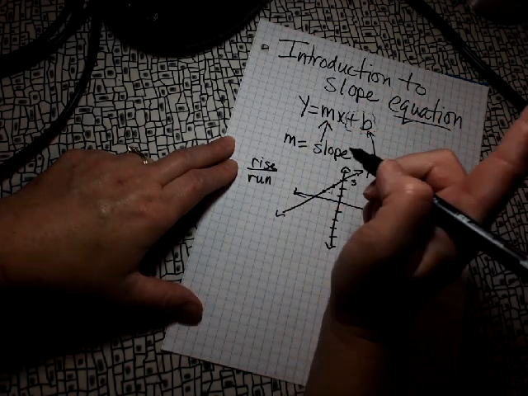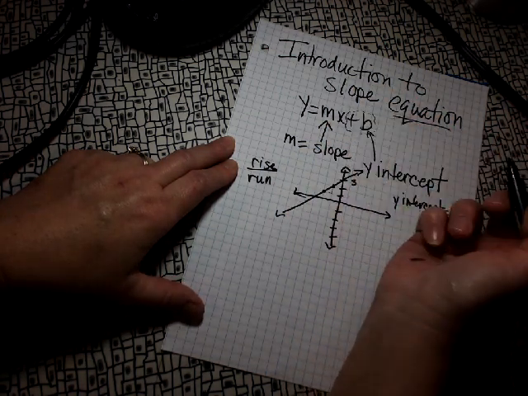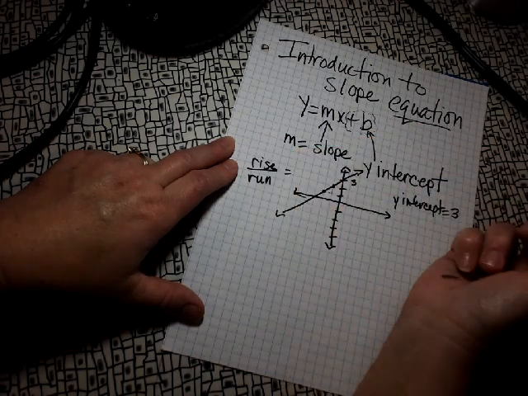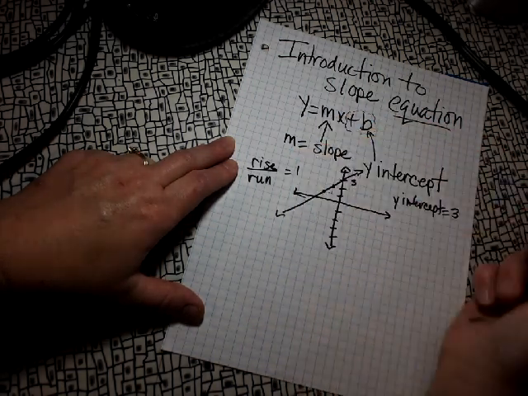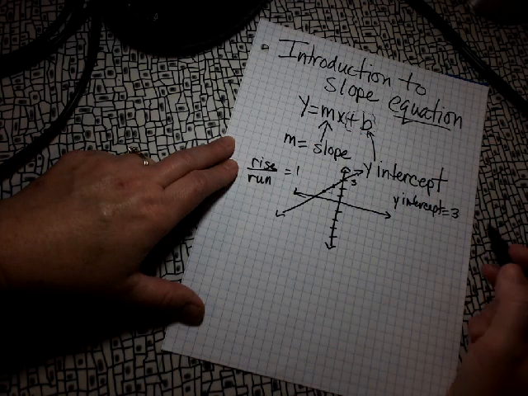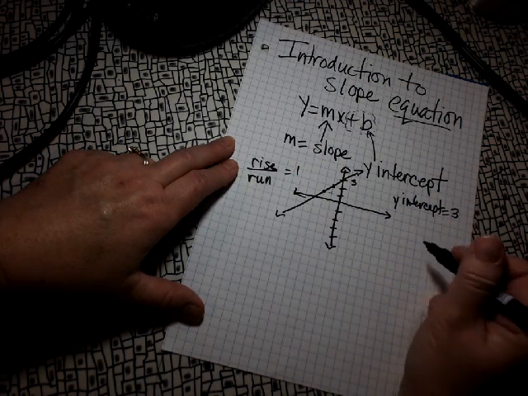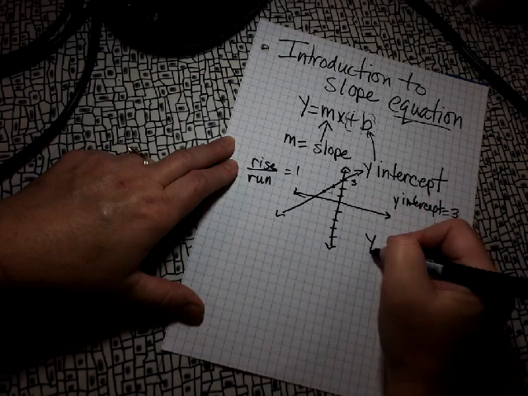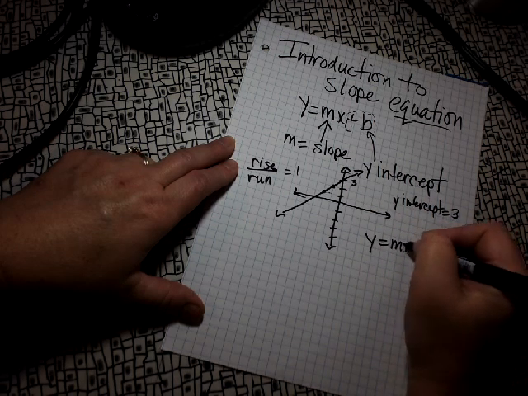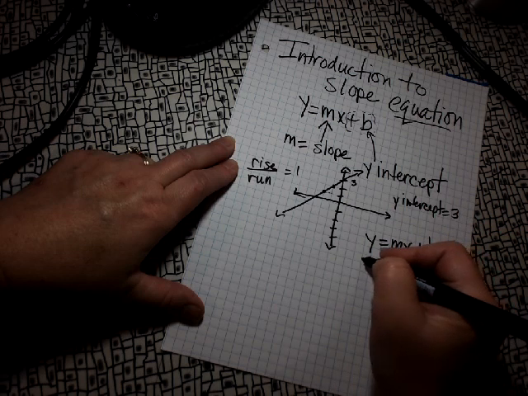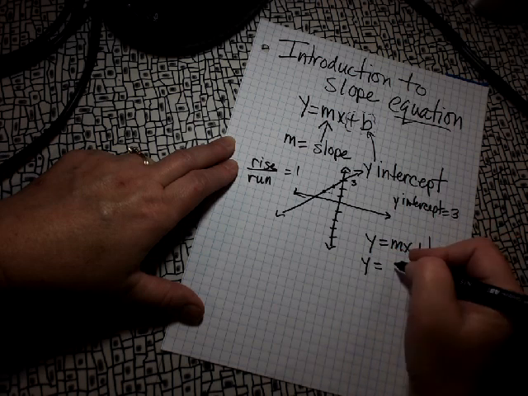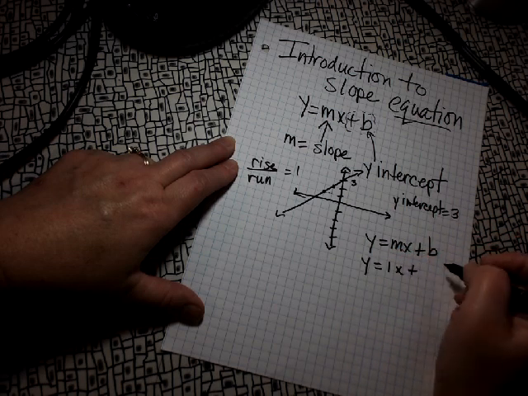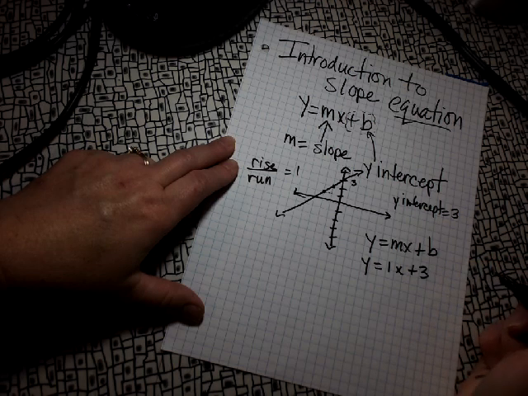So we know in this particular case that it is going to be 1. So I would do y equals mx plus b. This would be y equals 1x plus 3.